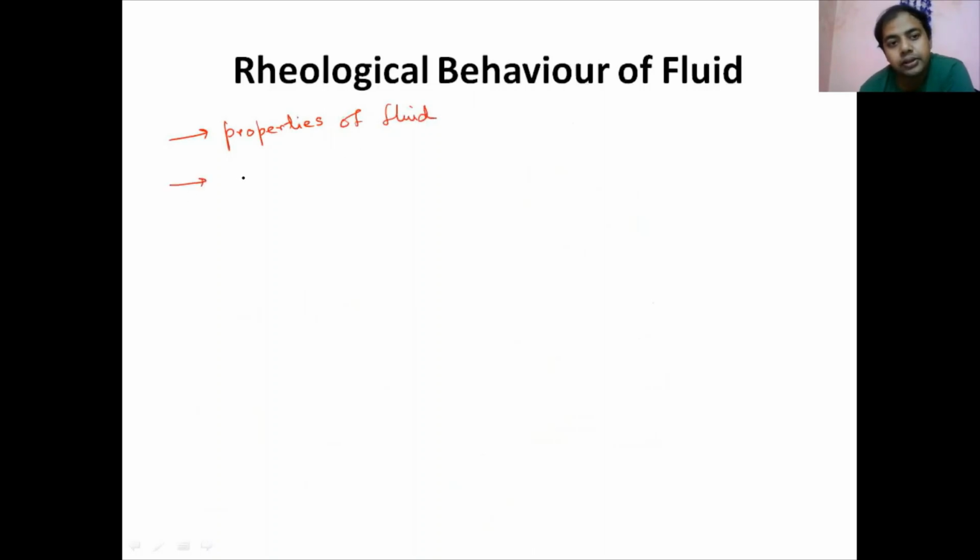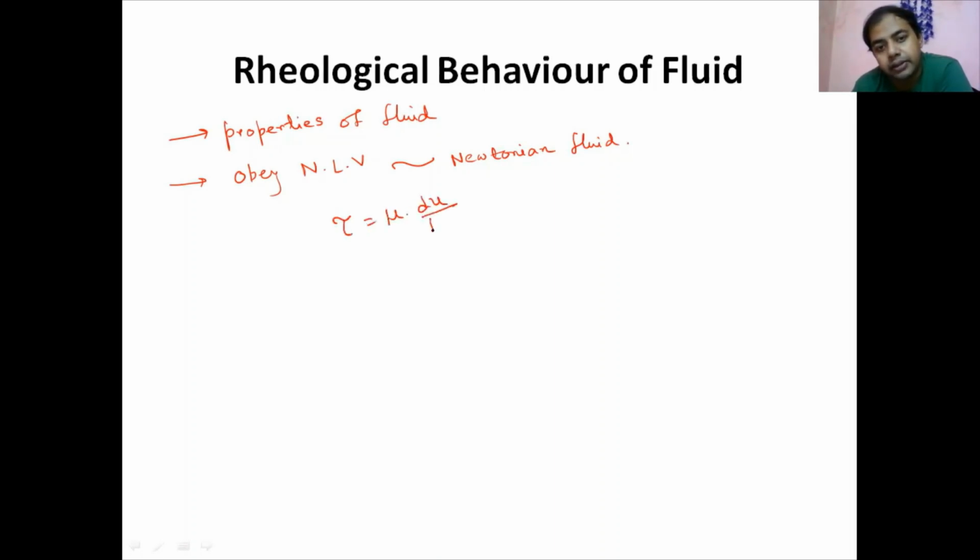If a fluid obeys Newton's law of viscosity, it is named a Newtonian fluid. So what does Newton's law of viscosity say? Tau is equal to mu into du by dy.